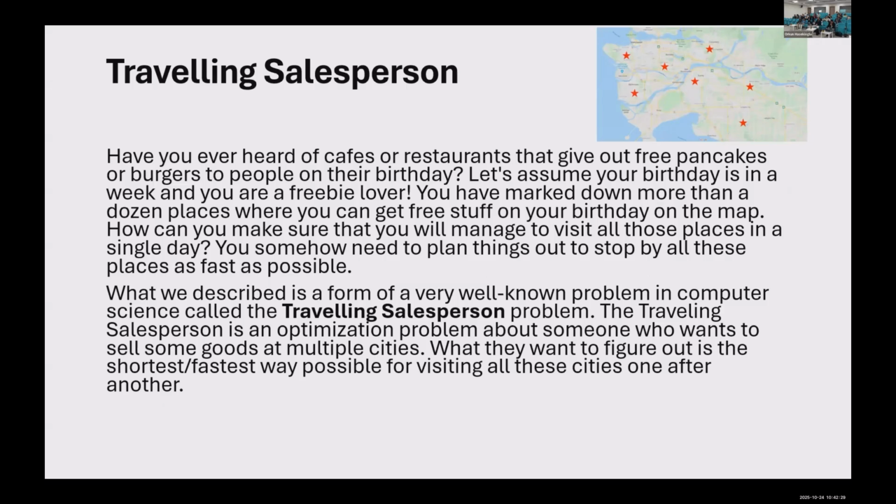How many of you are familiar with the traveling salesperson problem? Oh, yes, you took my class. What is it? Yeah. There's a salesman, and he has to visit different cities to sell something. And he has to find the shortest way to visit the cities.